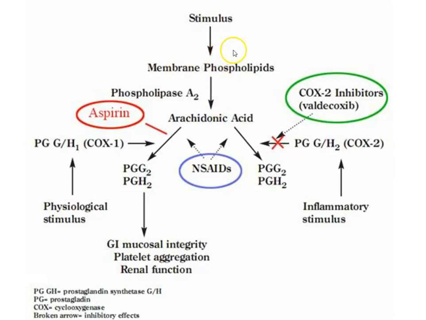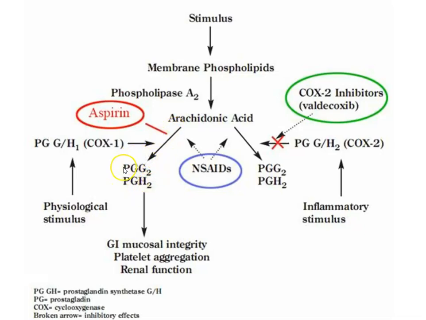So you've got a stimulus occurs, the cell takes some membrane phospholipids from that cell membrane, gets arachidonic acid from those phospholipids, and then it's going to take arachidonic acid, and depending on the stimulus, it's going to turn it into certain prostaglandins. Under normal physiologic conditions, this enzyme, COX-1, cyclooxygenase 1, is the pathway of prostaglandin synthesis.